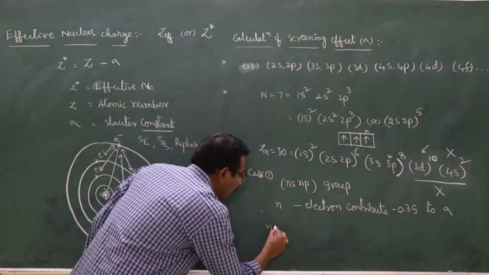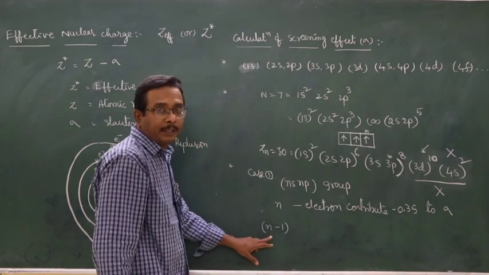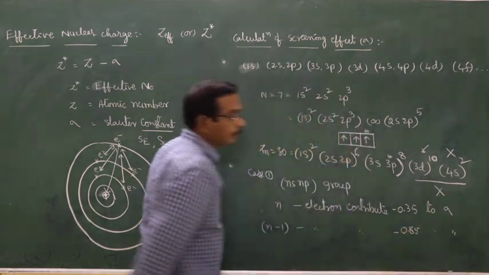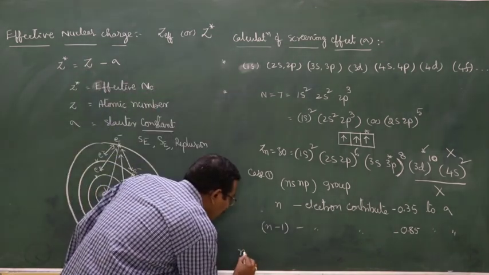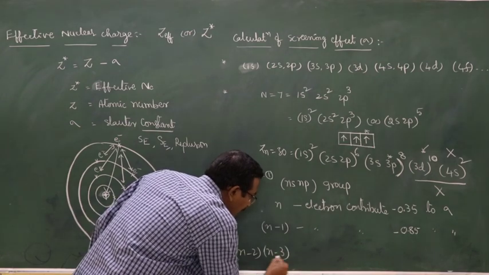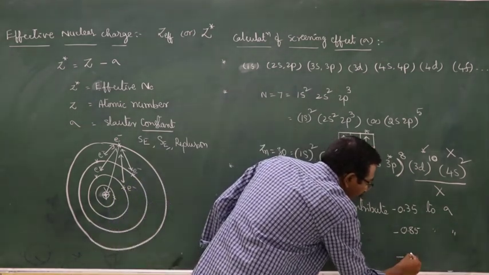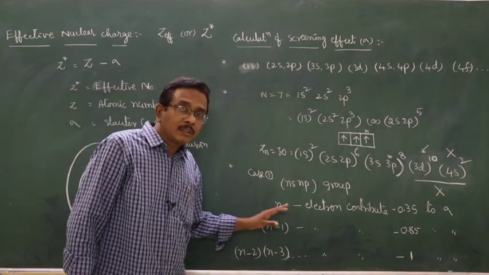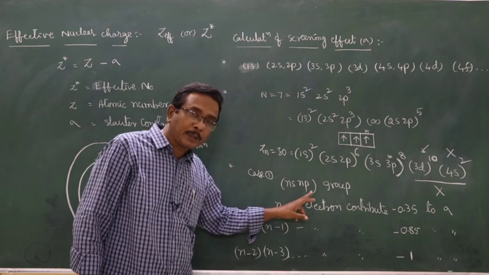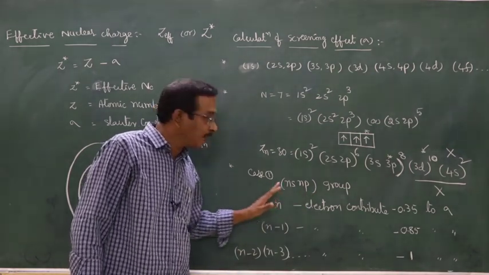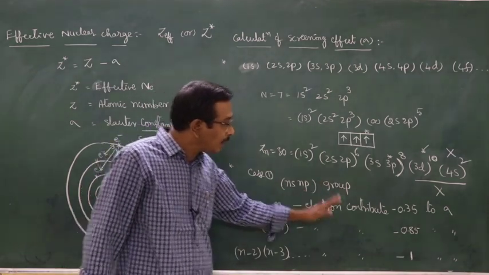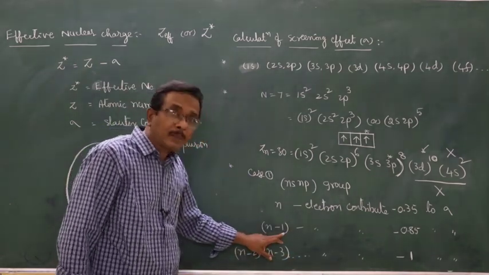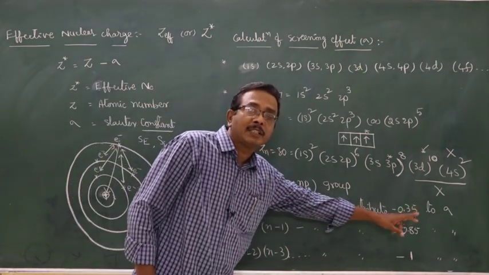And next, the electrons which are present in the (n-1)th orbit contribute 0.85 each to the Slater constant.